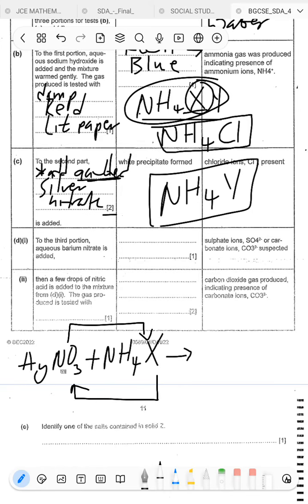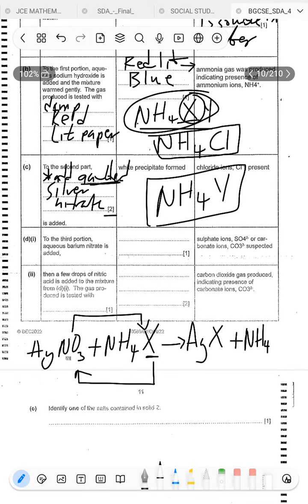So the silver takes the unknown negatively charged ion, plus ammonium nitrate. Okay, ammonium nitrate. All right, now a white precipitate is formed, and then it's concluded that it is chlorine.